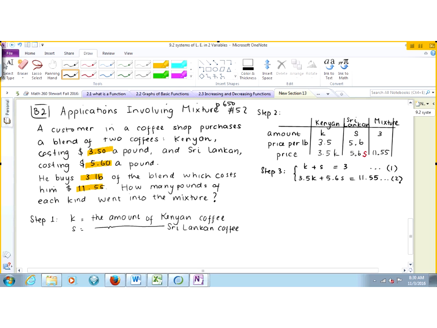Can you do it? By substitution or elimination. I use substitution. Solve for K in equation 1, so K is 3 minus S. This is equation 3. Substitute K is 3 minus S into equation 2.